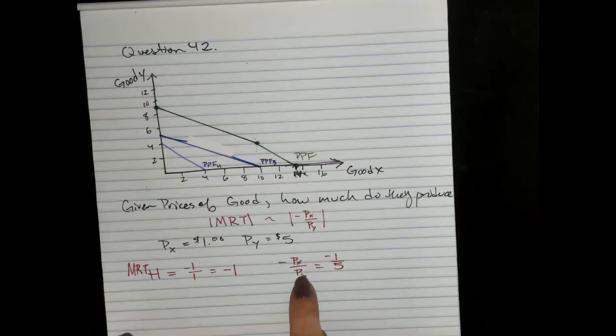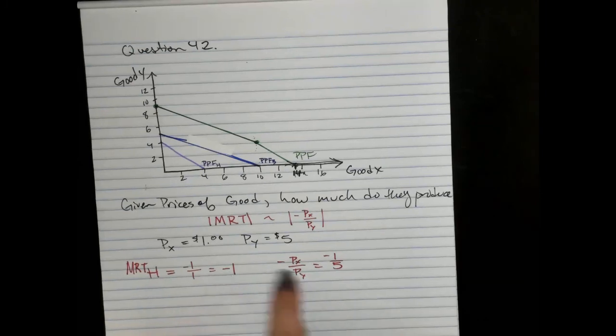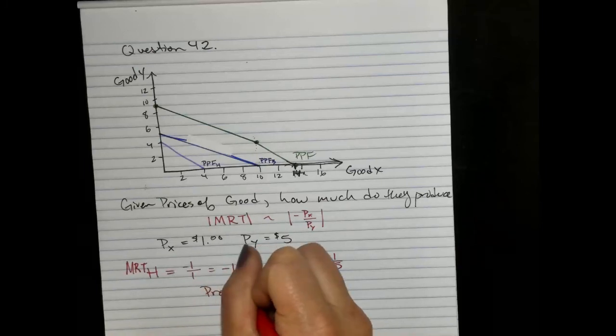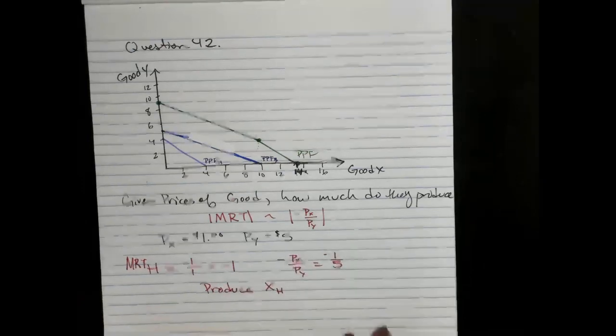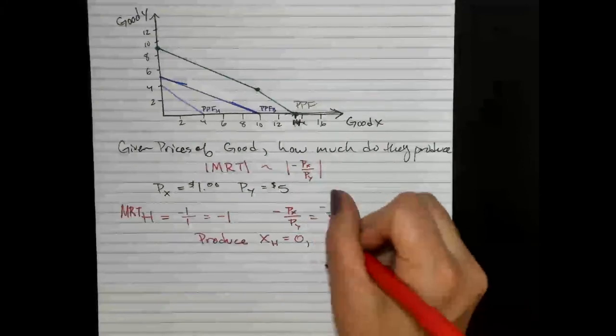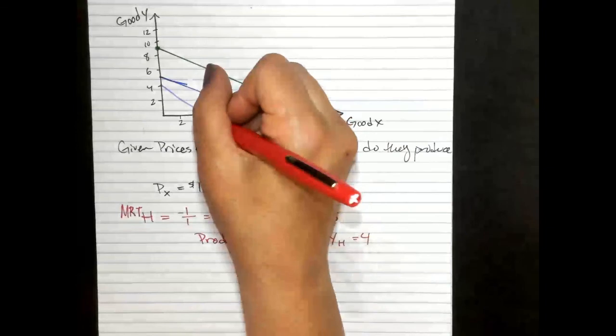So in this case, for Hill, person H, because the absolute value of the marginal rate of transformation is greater than the ratio of the prices, they're going to produce X for person H equal to 0, Y for person H equal to 4. That's their maximum right there.